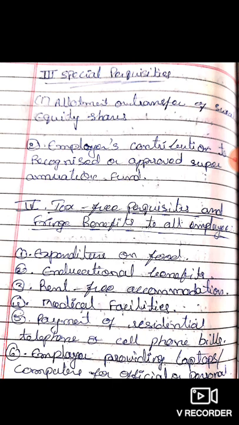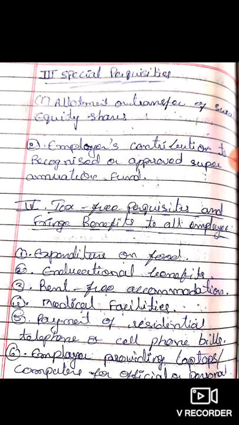And employer contribution to recognized and approved superannuation fund, this is a perquisite. 1,50,000 is exempted. If it is more than 1,50,000, then it is a taxable perquisite.